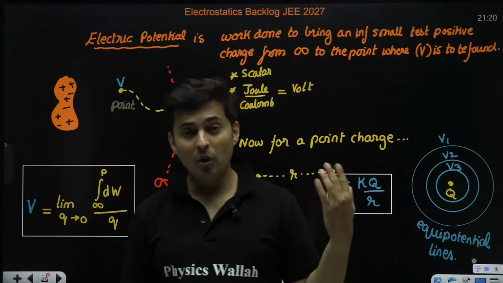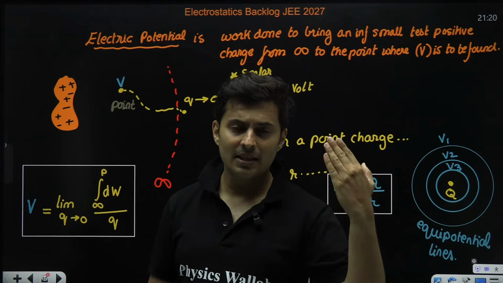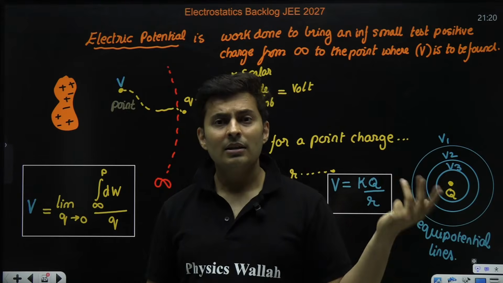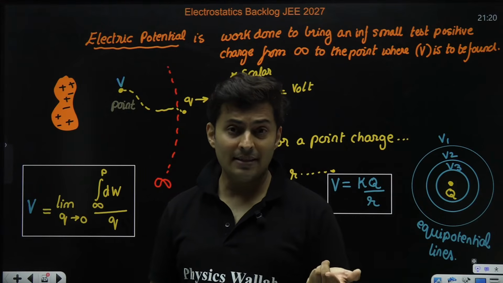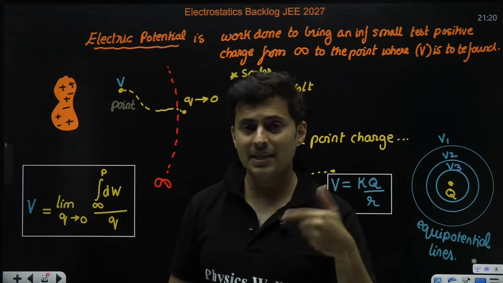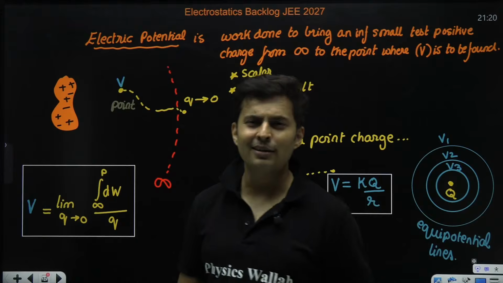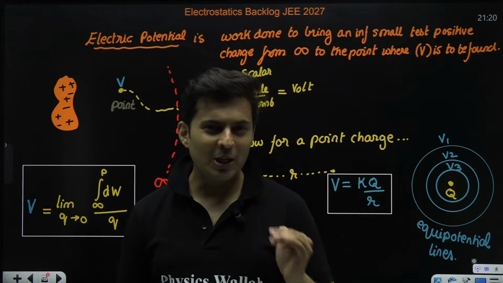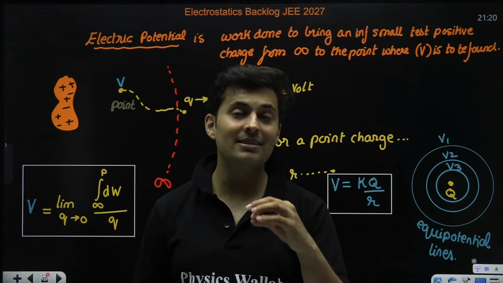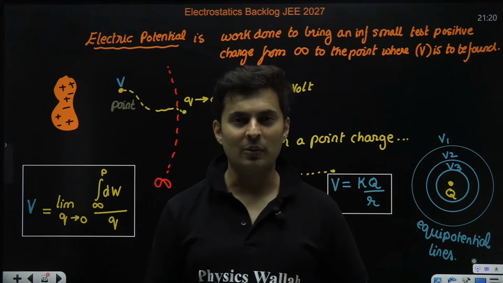But flow of charges, that is basically current. Now current has direction, but it is still a scalar even though it has direction, because it does not follow the rules of vector addition. Just because something has direction does not mean it is necessarily a vector quantity.